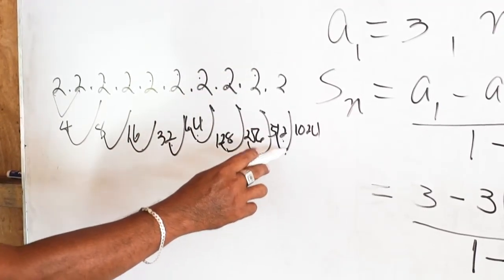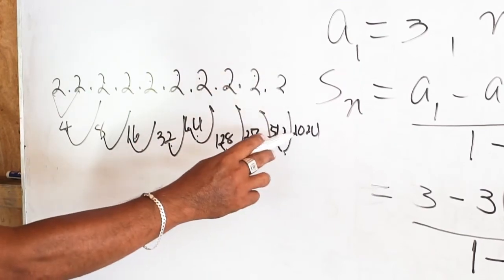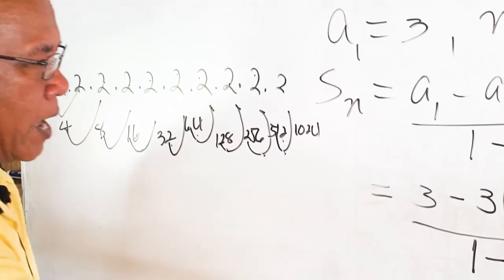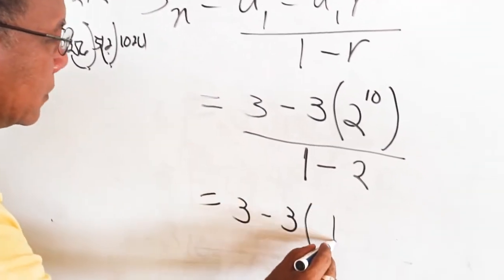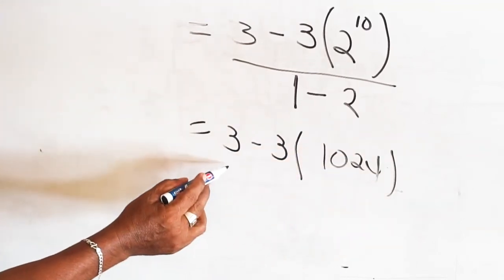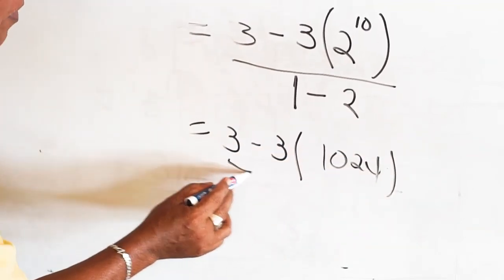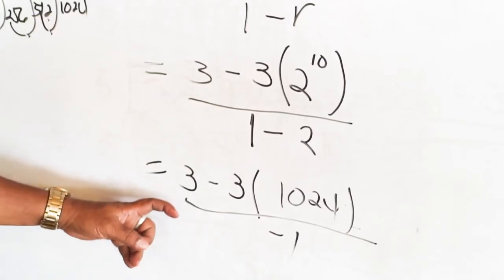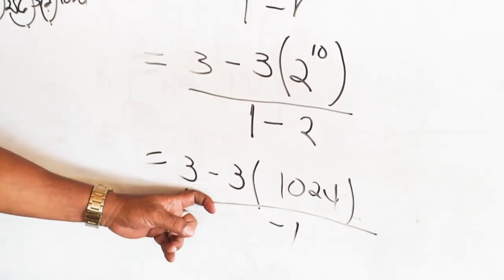Then 512 times 2, so we have 1,024. Okay, so we have 1,024 over negative 1.